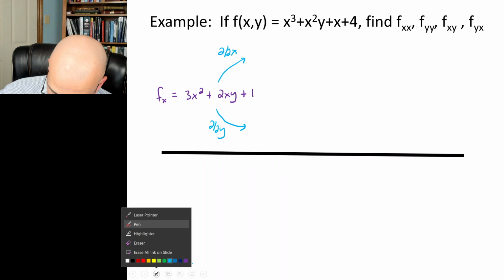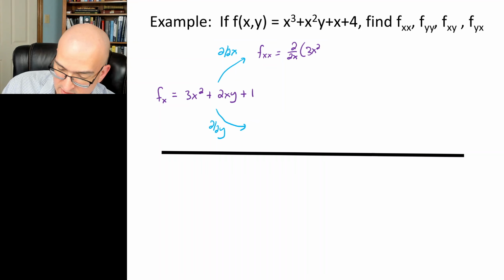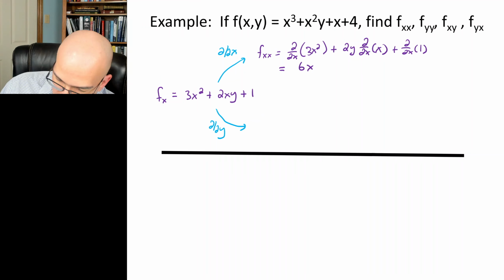So for the x derivative, we're going to have f double x is equal to d by dx of what we just found, 3x squared plus 2y times d by dx of x plus d by dx of 1, and we will get 6x plus 2y times 1 plus 0.